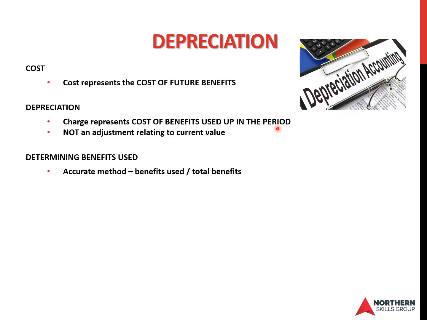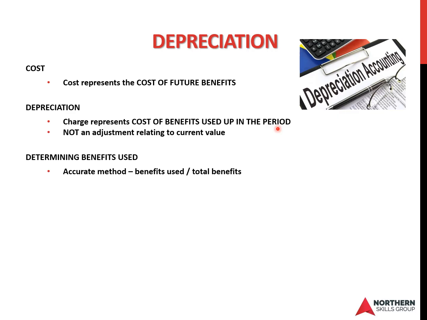If we buy a machine that's capable of producing 250,000 units of product and we produce 25,000 units of product in the period, that's 10% of the total, so we would write off 10% of the cost. The depreciation would then vary each year depending on the number of products produced in that period.